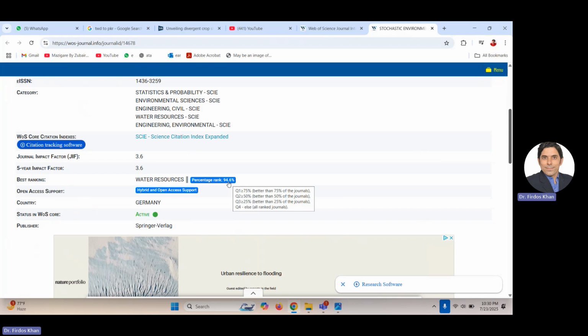When you keep the cursor on this percent rank, 94.6%, you will see the detail: Q1 is greater than or equal to 75%, better than 75% of the journals, and Q2 is greater than or equal to 50%, better than 50% of the journals, so less than 75% and greater than 50%. Similar definitions are for the others. The country is Germany, and Springer Verlag is the publisher.